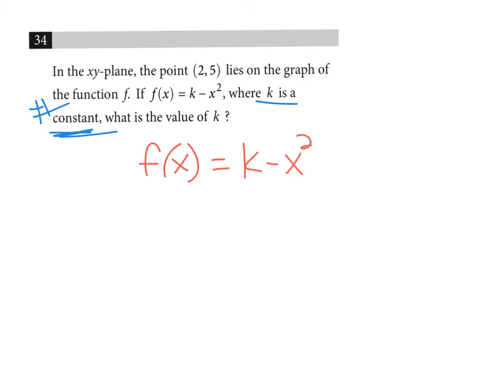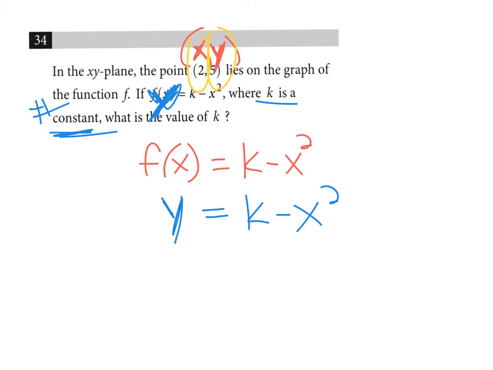Remember, function notation f of x is just a fancy way of saying y. So y is equal to k minus x squared. They give you a point, (2, 5). Remember, in all points, the first value is x and the second value is y. So for this function, x is going to be 2 and y is going to be 5.